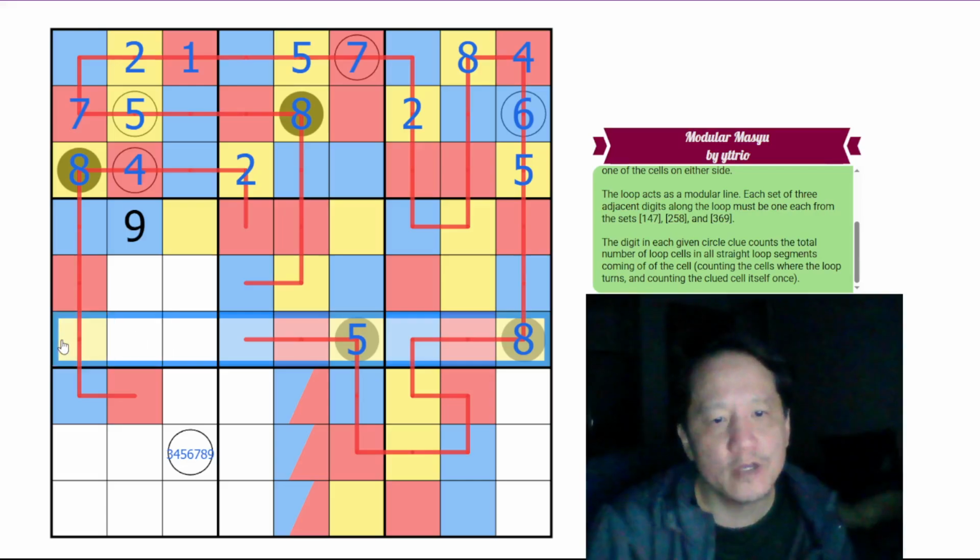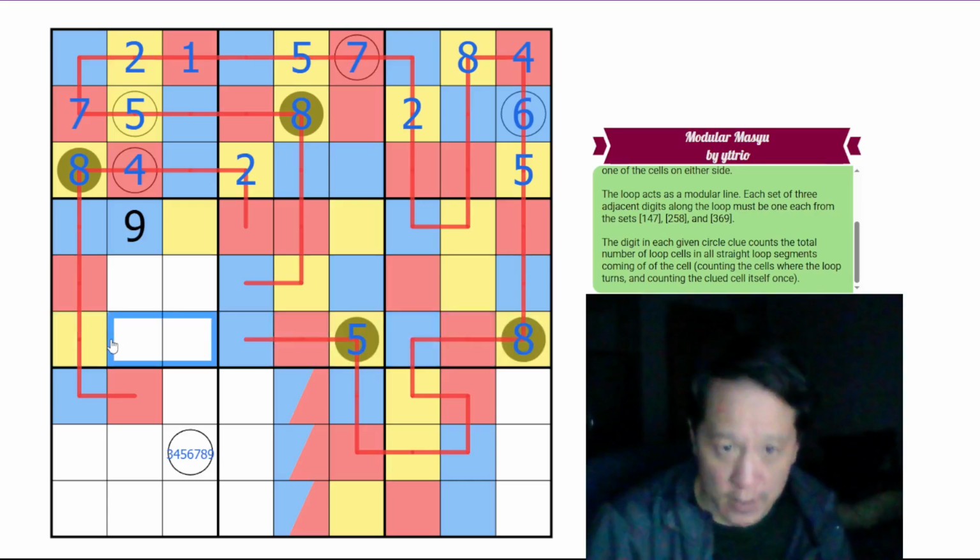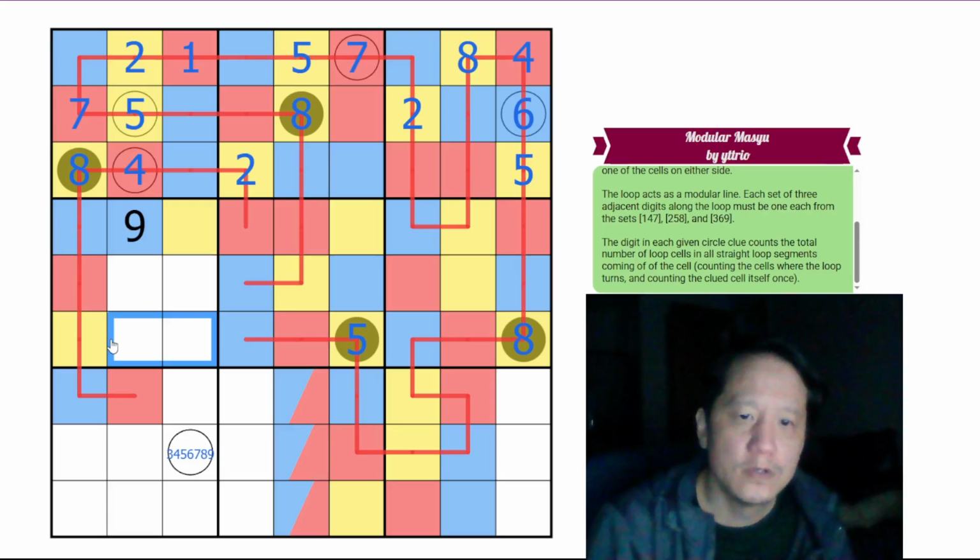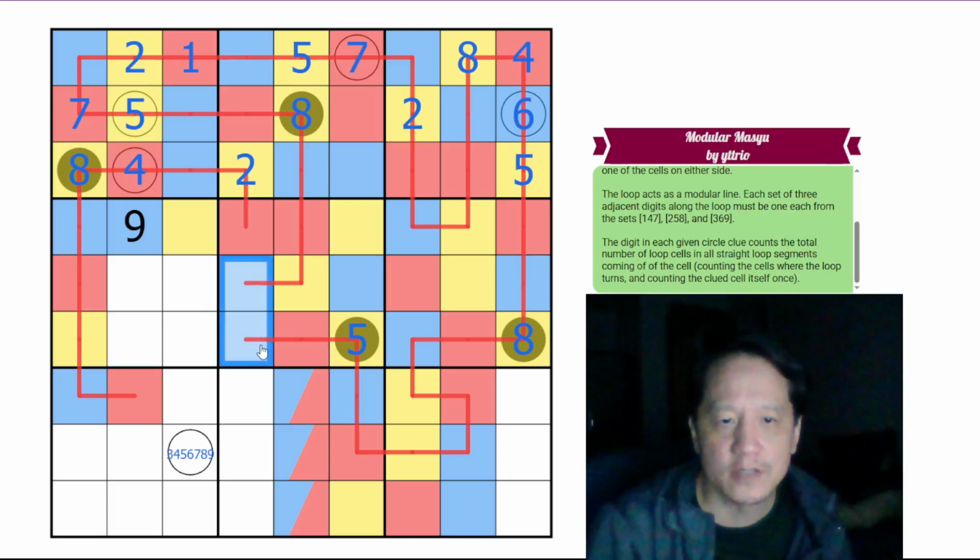Okay, we have 3 yellows in row 6. So this cannot be yellow. Oh, and it must turn. And it can't turn there, so it must turn here. So then this is yellow. Remaining digits in column 4 have to be red and yellow because we have 3 blues.